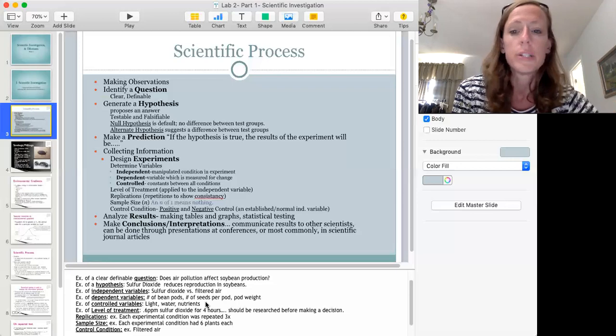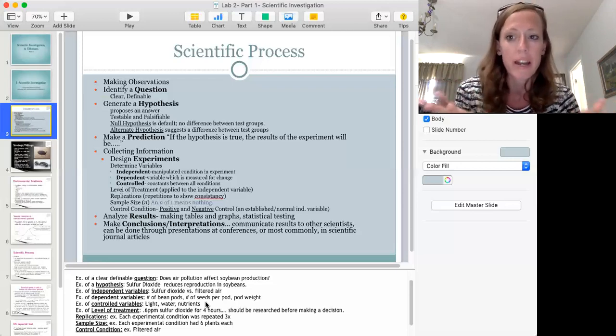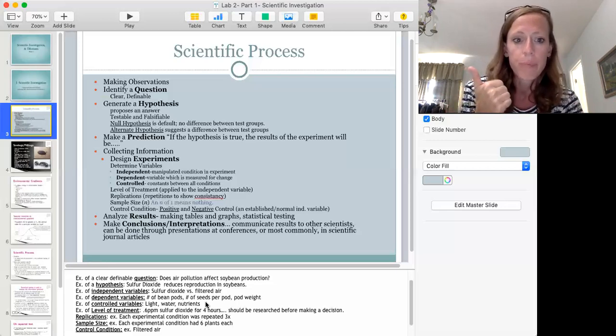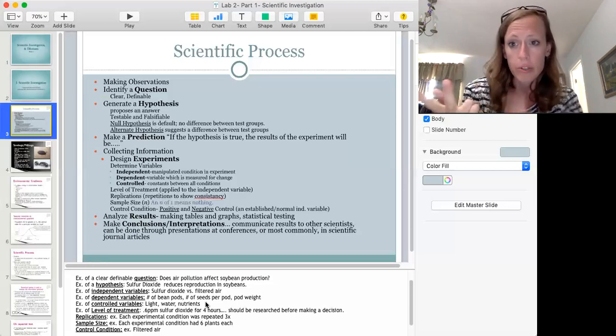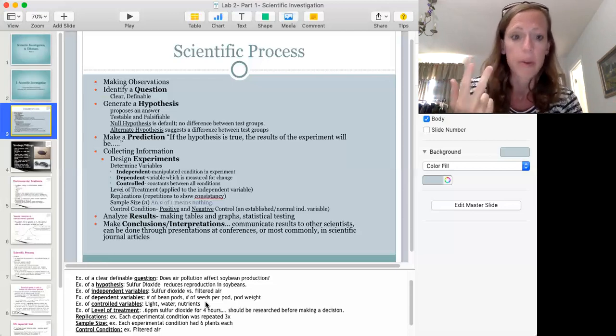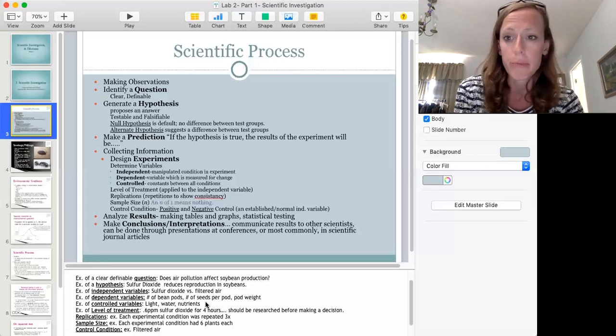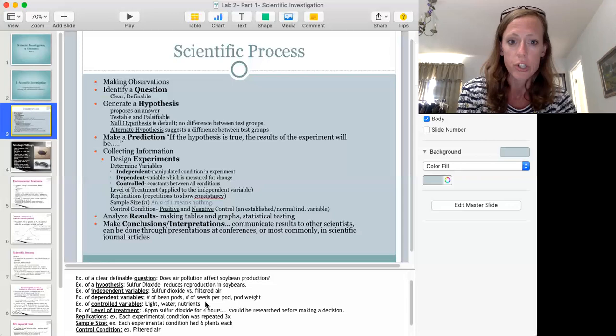We need to pin down a few variables, okay? So the variables that you need to know are the independent variable, the dependent variable, and controlled variables, the top 3 key ones. An independent variable is the variable that you, as the investigator, as the researcher, are manipulating, what you are changing to observe a result in your experiment.